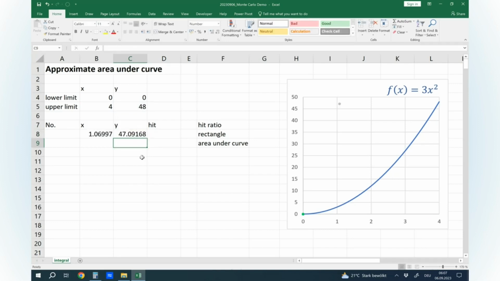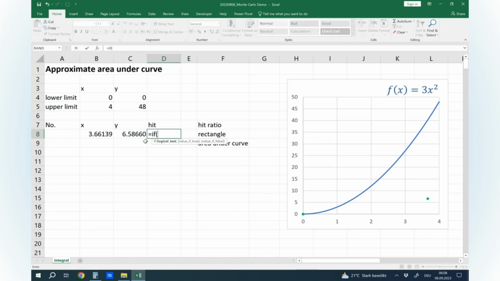Now, with these random coordinates, one dot has been generated. It is important to recognize that x consistently resides within the area of interest. However, determining whether the y-coordinate lies below or above the curve requires a logical assessment. This can be easily done using an if function.